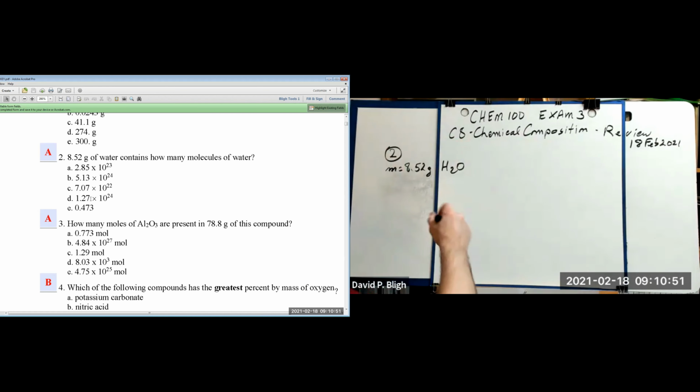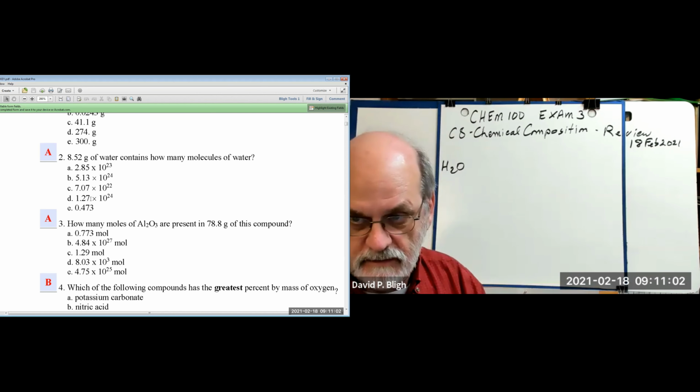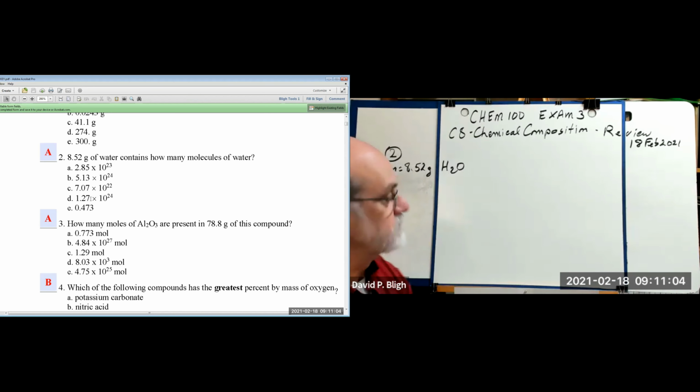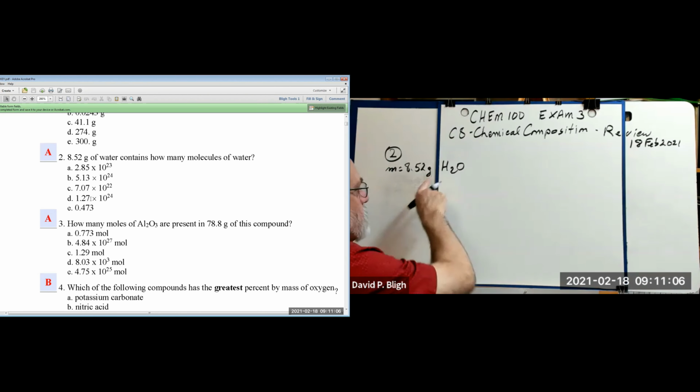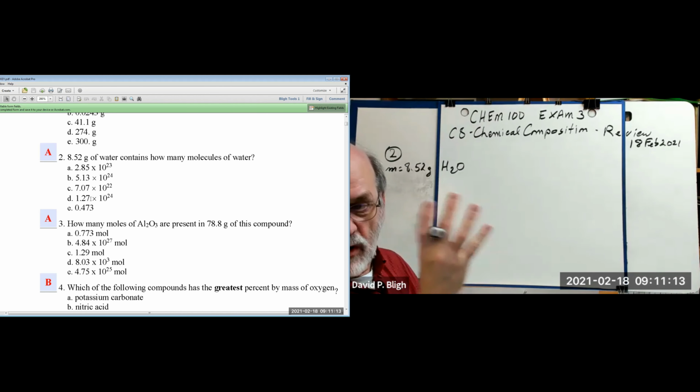Okay, so we're looking for, well, actually, we don't have a direct conversion from mass to molecules. It's going to be a chained conversion. I'm going to do this in one step. So if we're going to convert grams to molecules, the bridge between the two is molar mass.